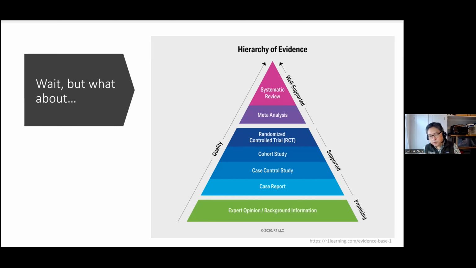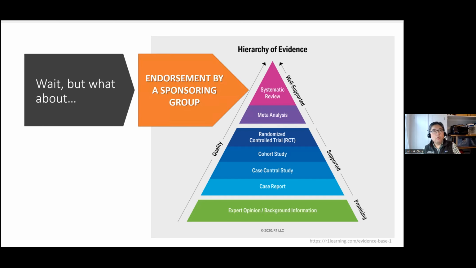Then case reports are probably next, where you start to see a signal, and then observational studies such as case-control and cohort studies have some risk for confounding, residual confounding, and bias, but we then favor randomized controlled trials, and then we think about systematic reviews and meta-analyses. It's built like a pyramid with the idea that as we get closer to the top, somehow the information is purer or better or more refined. There are a lot of problems with that idea, but that's at least behind the idea of an evidence-based pyramid.